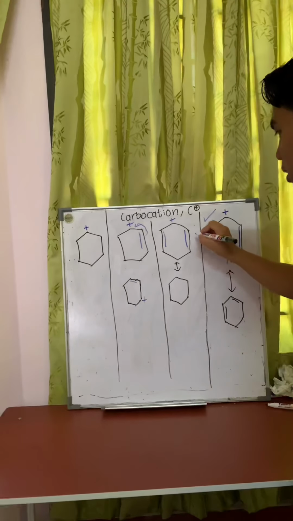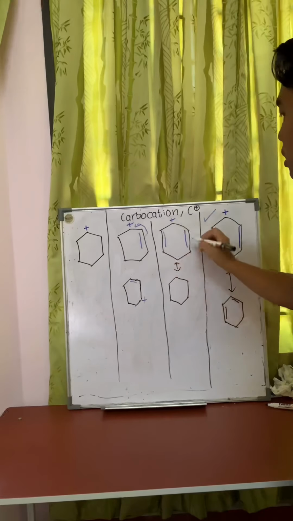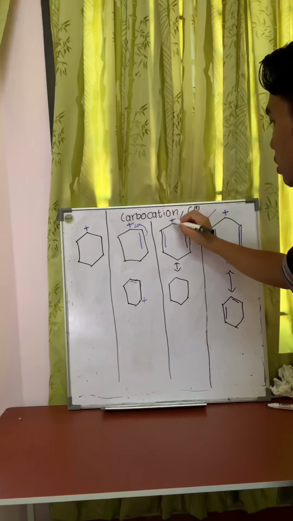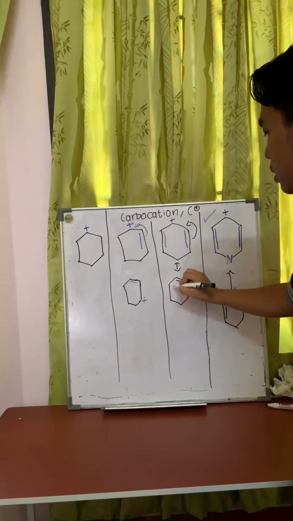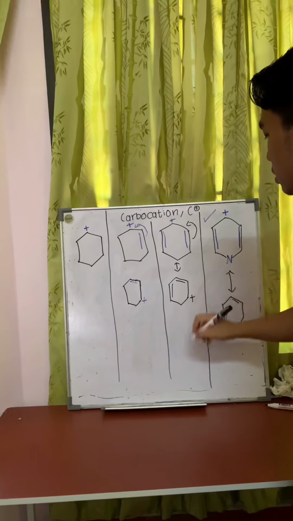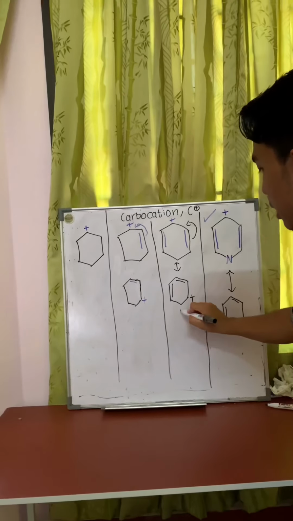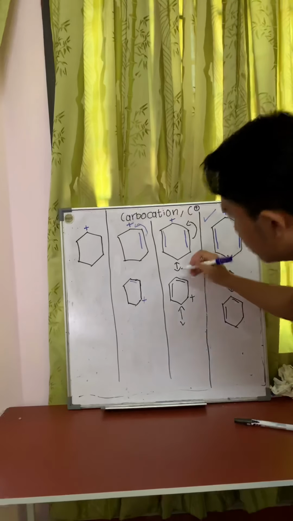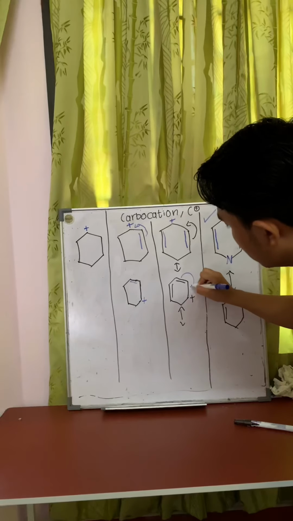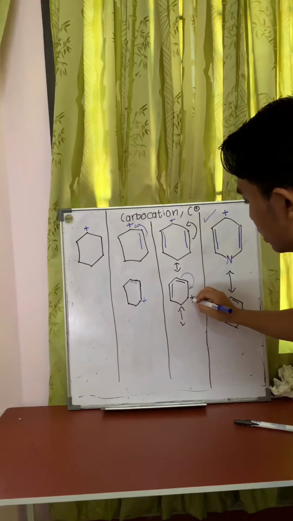Same as here, it will jump here, so the positive charge will be here, like this. And then when it jumps here, the positive charge will be here.